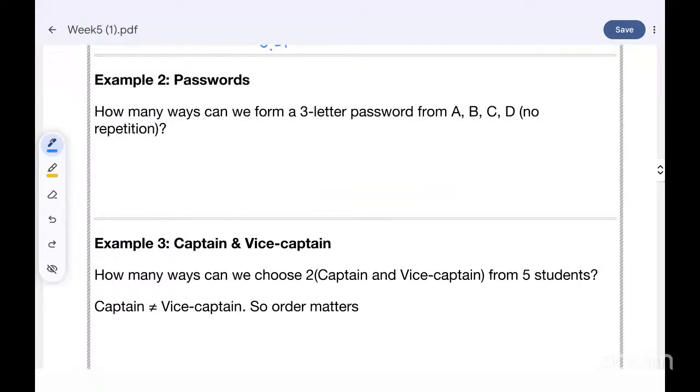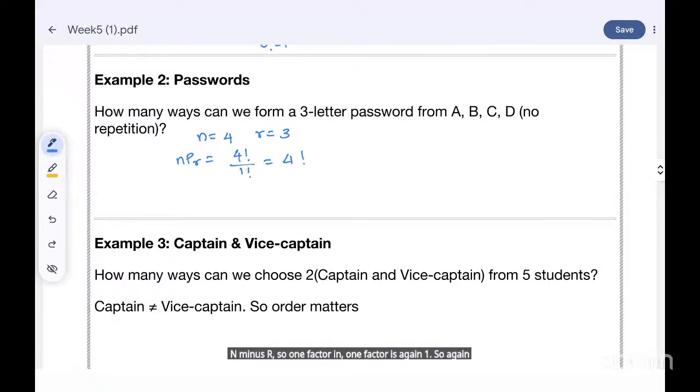Here n is equal to 4, ABCD, and r is equal to 3, for the 3-letter password. So r would always be less than or equal to n. So nPr is 4 factorial by n minus r, which is 1 factorial, and 1 factorial is again 1.